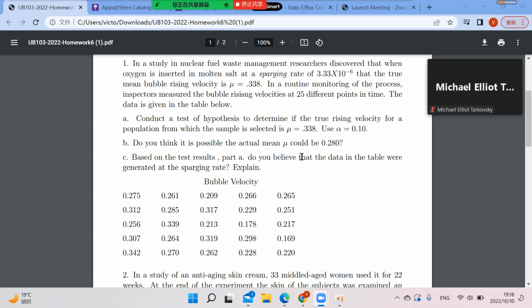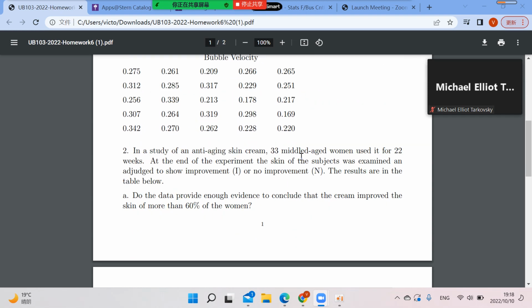Another alternative is you can use the result of part A and build a 95% confidence interval, and see if 0.28 is included in that interval. So basically you have two ways to address it, but it's a very standardized t-test anyhow.